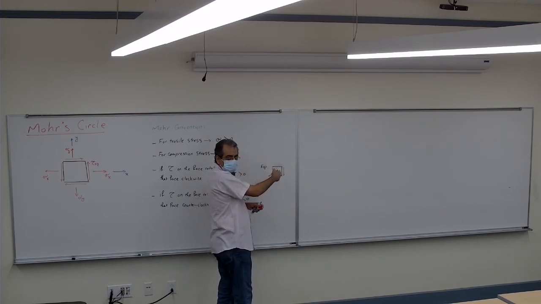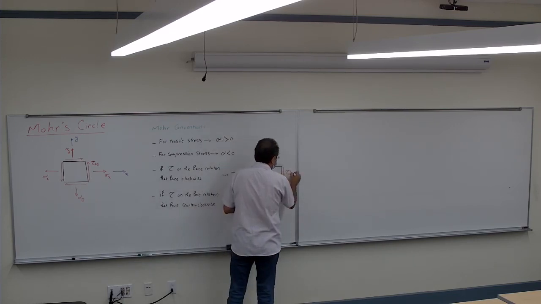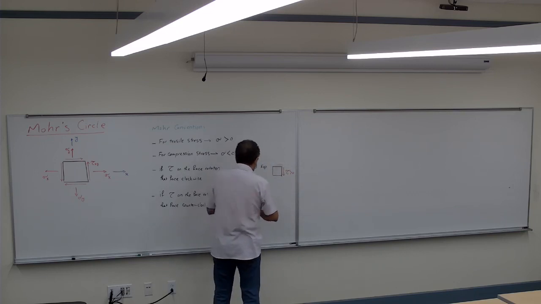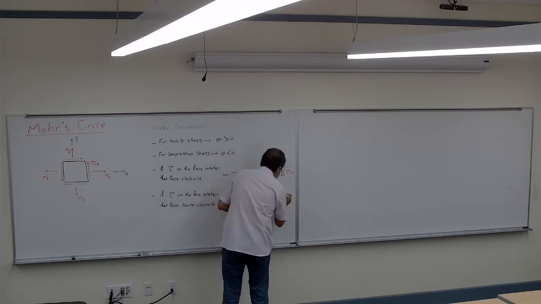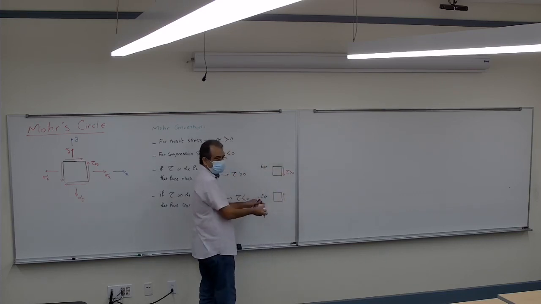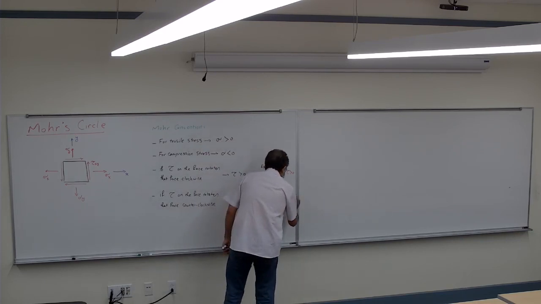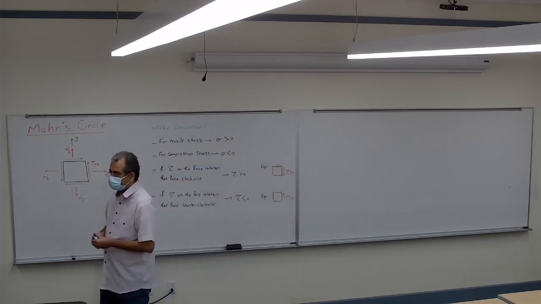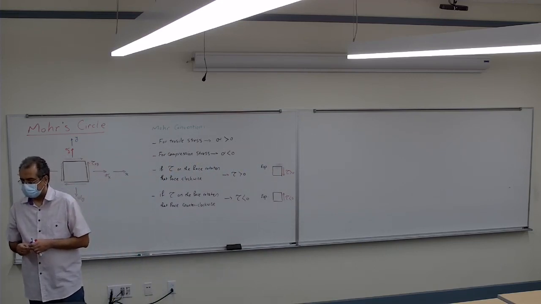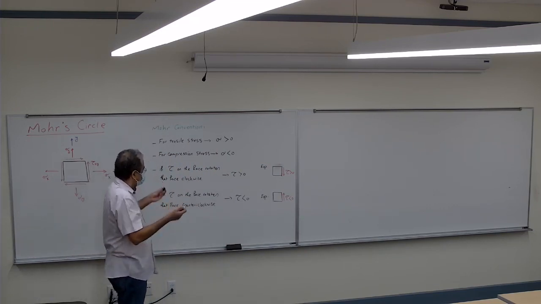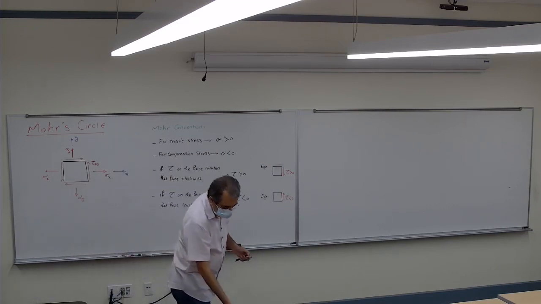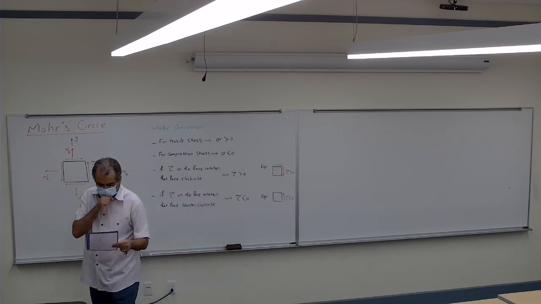Clockwise. So the tau is going to be positive there. Example again: if I have the same face and now the tau is going upward, this time the tau wants to rotate it counterclockwise, so it's going to be negative. As I said, this is just convention.